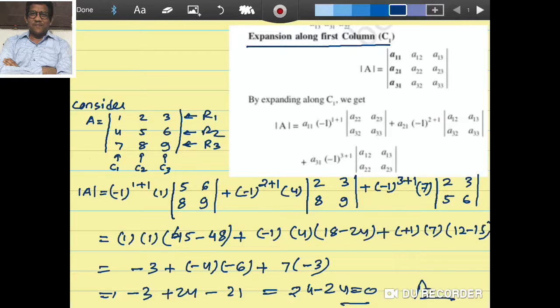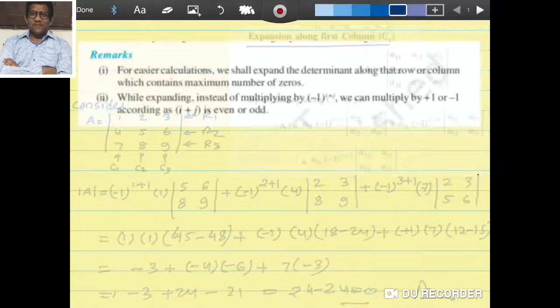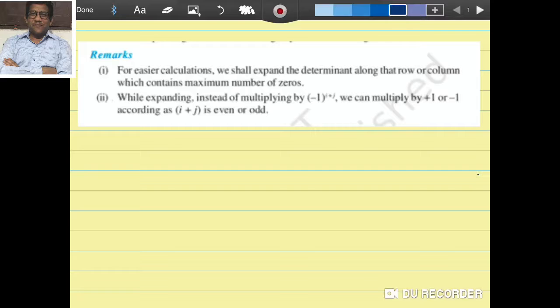Similarly, we can expand the determinant along column 2 and column 3. In all the 6 ways, we get the same value of the determinant. Here we note the following things.